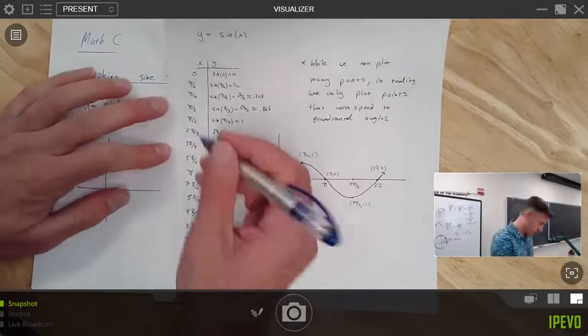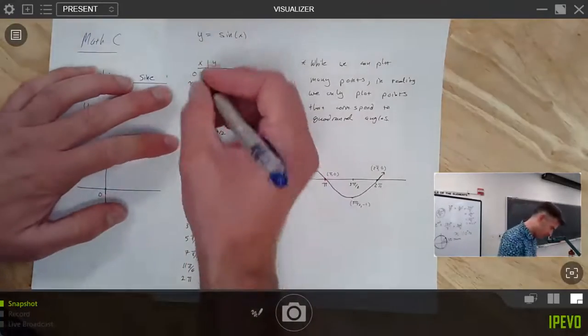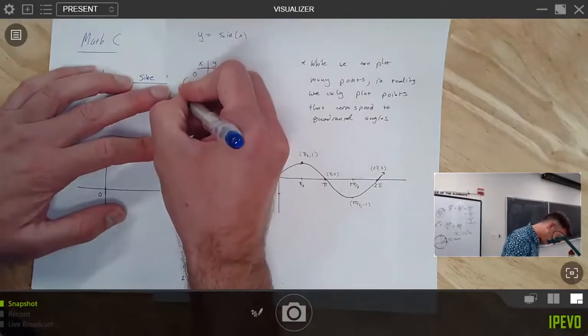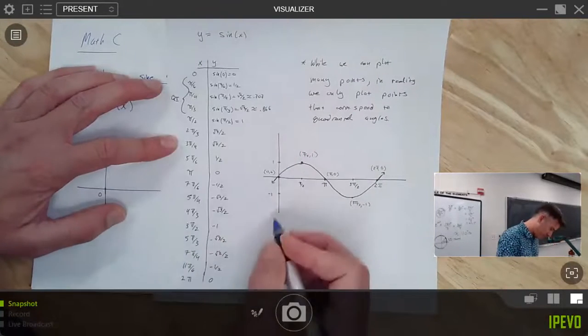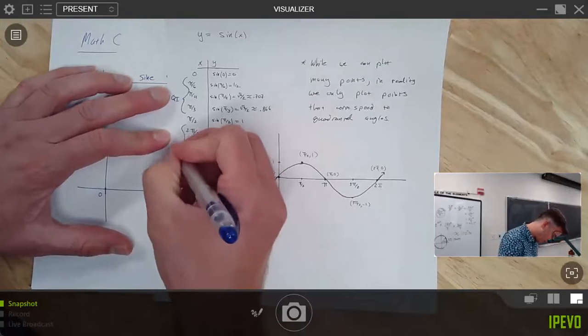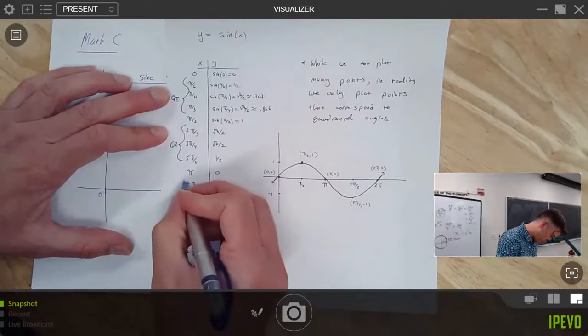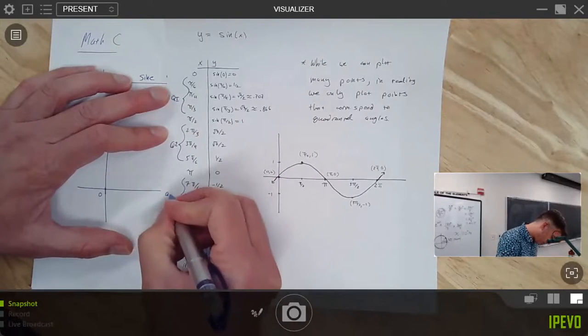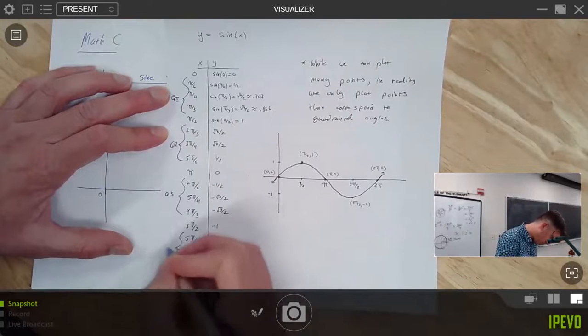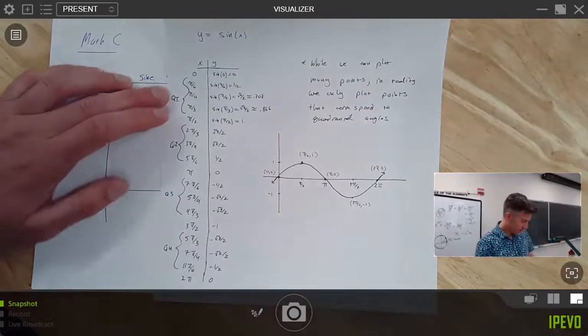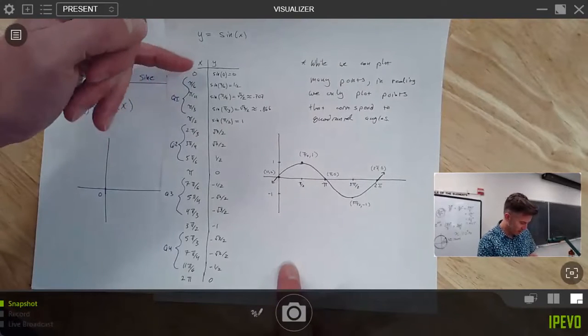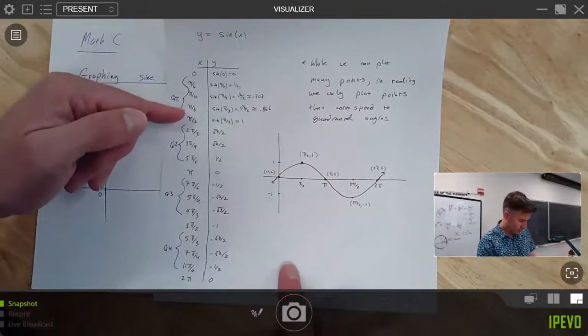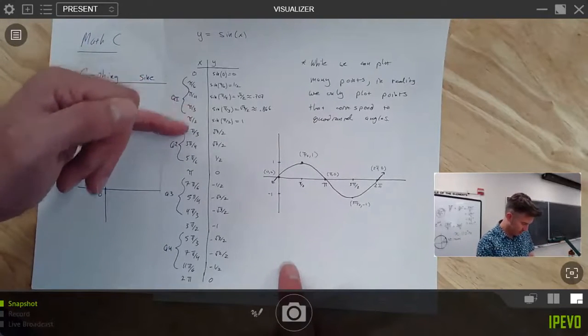in the second quadrant. So in fact, I'm going to go ahead and say this. Here's quadrant 1. Here's quadrant 2. Here's quadrant 3. And here's quadrant 4. Through quadrant 1, we go up from 0 to 1. In quadrant 2, we go back from 1 down to 0.